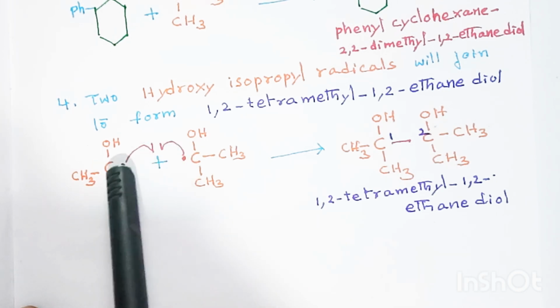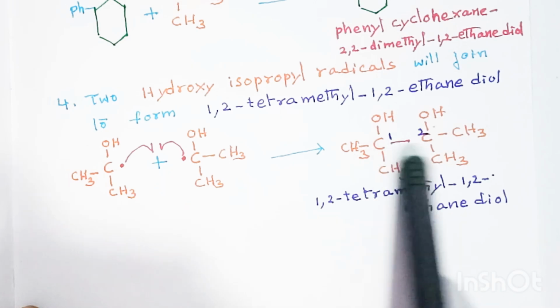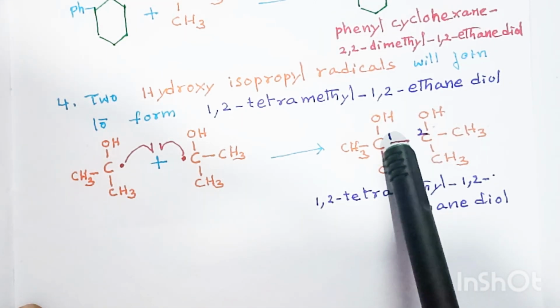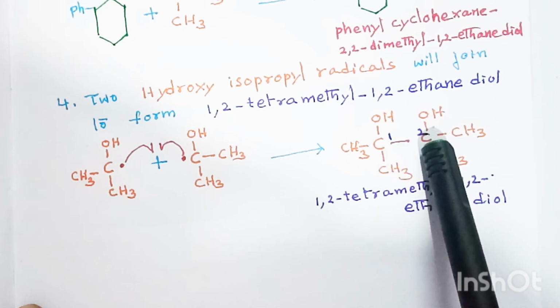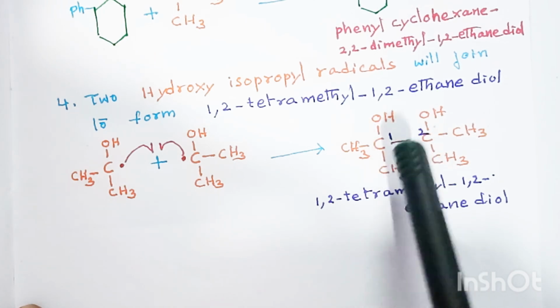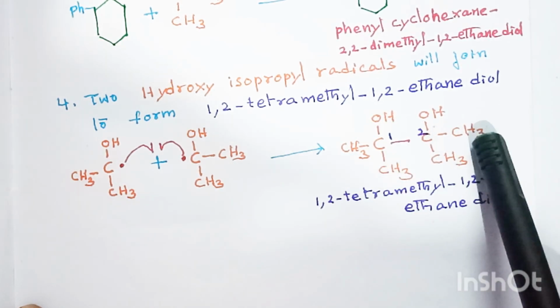These two radicals will join together to form a new bond between them, as a result of which we get a bond between first carbon and second carbon. There are four methyl groups, two on first carbon, two on second carbon.